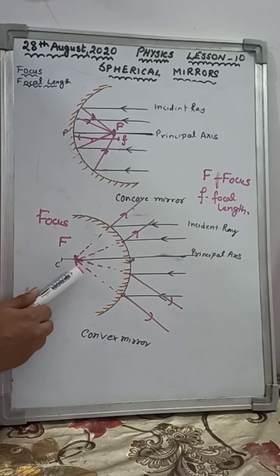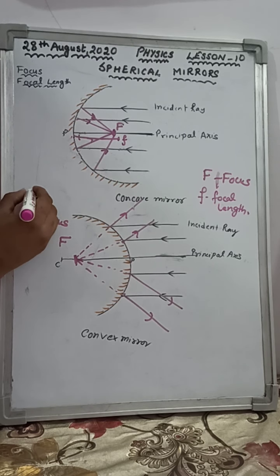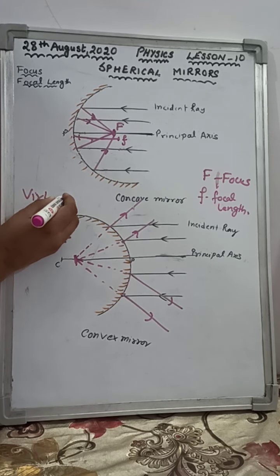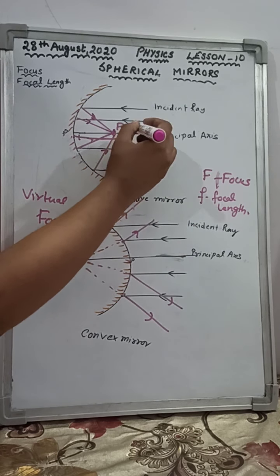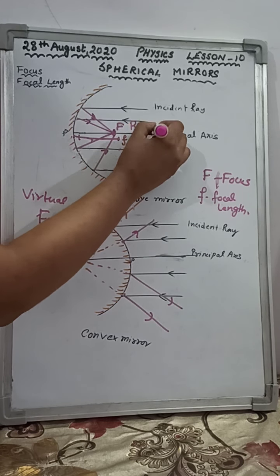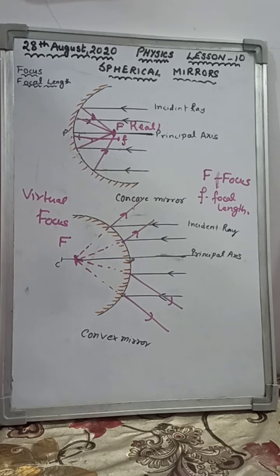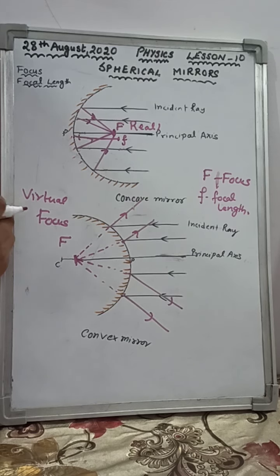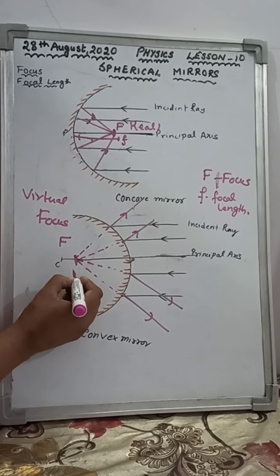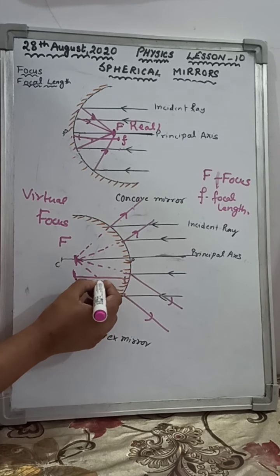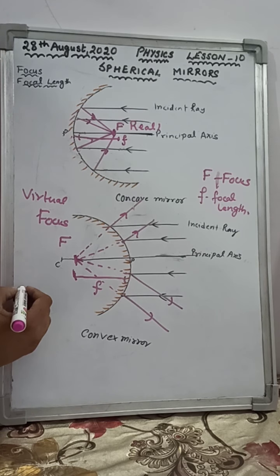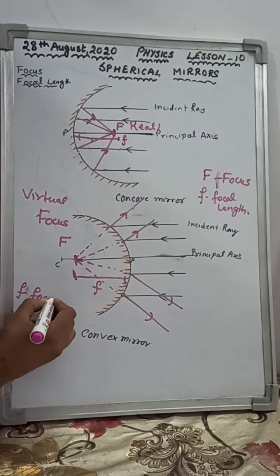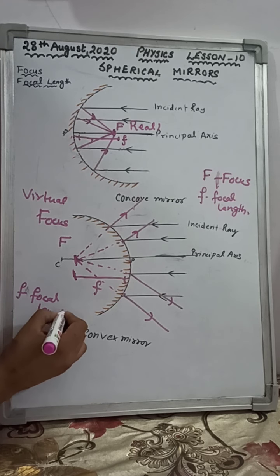Clear? This focus is virtual focus, while the concave mirror has the real focus. That means the rays are actually meeting. Here they are not actually meeting, they appear to meet. That's why it is virtual focus. The distance between the focus and the pole is known as focal length. So small f is used for the focal length.